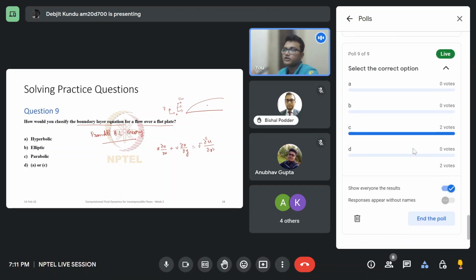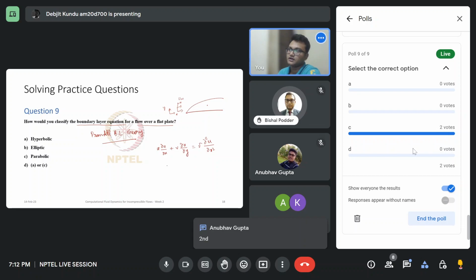Okay, tell me the order of this equation. Yes, second order, ∂²u/∂y², and this is the highest order term, right? So I have a equal to nu, then b equal to 0, c equal to 0, right?